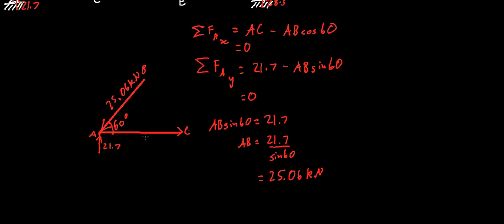Okay, so now let's try solving for AC. Now we know that AB is equal to this. Okay, so then AC is equal to 25.06 cos 60, which is equal to, what do we end up with? 25.06 cos 60 is equal to 12.53 kilonewtons.